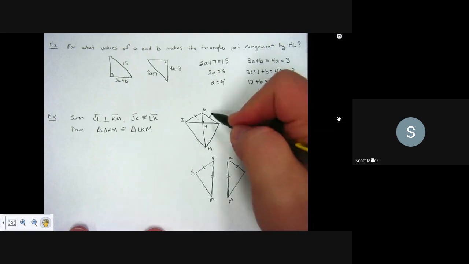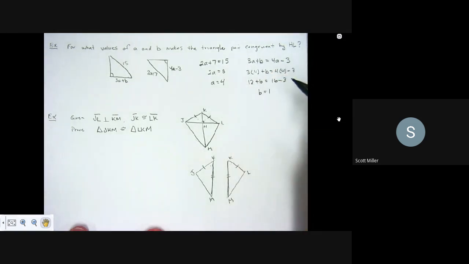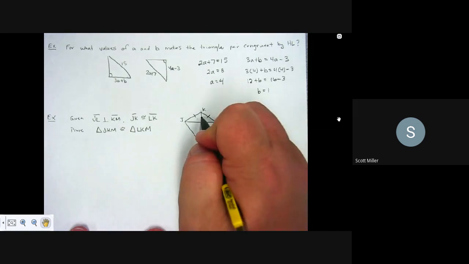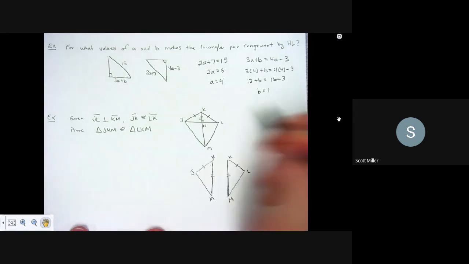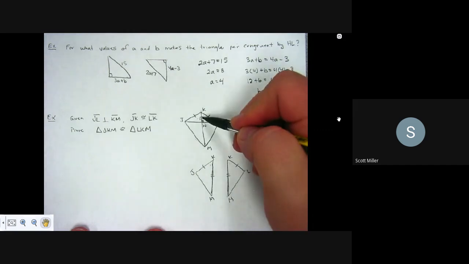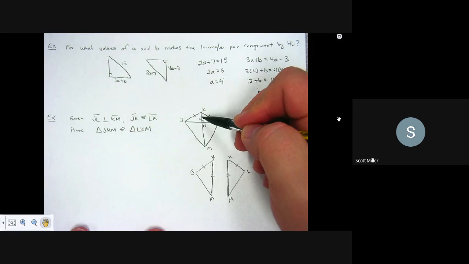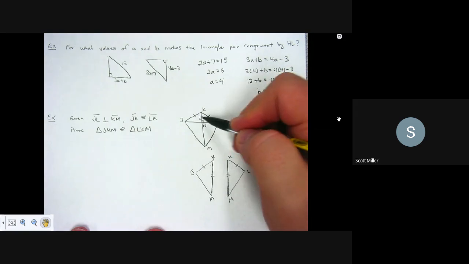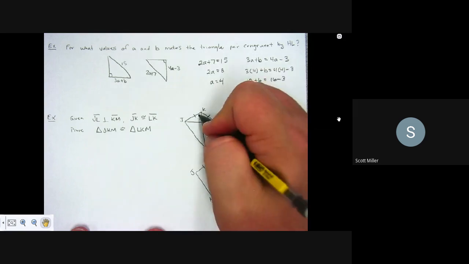Since the hypotenuses are congruent, I just need a leg congruent. Well, look at here. This leg right here is congruent to itself, isn't it? So literally all I have to do is state that this side is congruent to itself. Okay? So by hypotenuse leg, these two triangles are congruent, which makes these two angles congruent.